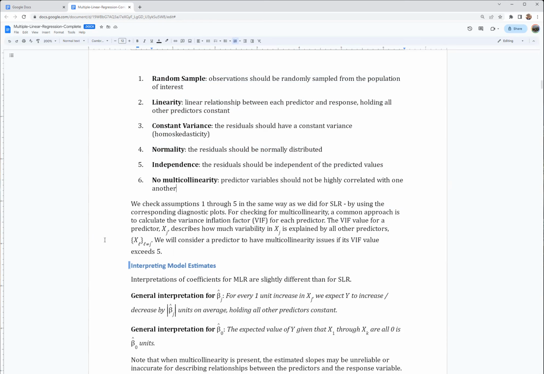A new one for multiple linear regression is that we need no multicollinearity to be present. So in other words, we need that our predictor variables are not highly correlated with one another.